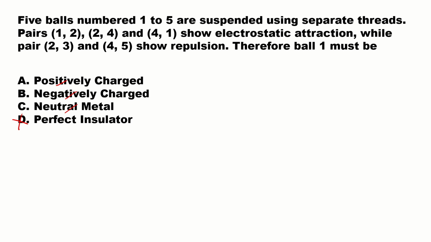Now it says that 1 attracts 2, so this can mean that either 1 or 2 is charged and the other is neutral, or these are oppositely charged. Now we also know that 2 and 4 attract each other, therefore we can say the same conclusion about them. And we also know that 4 and 1 attract each other.